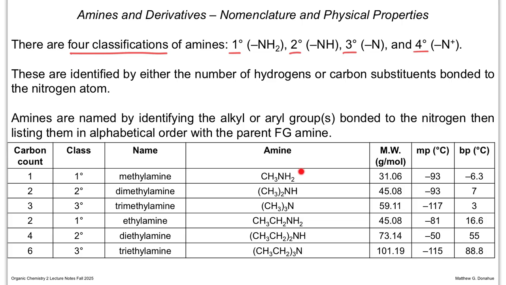The difference between primary, secondary, and tertiary, if you look at the boiling points, this isn't going to be the strongest claim known to man, but primary and secondary can be hydrogen bond donors and acceptors. The tertiary can only be an acceptor.